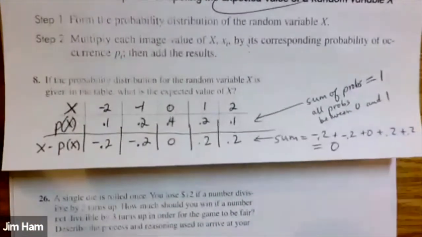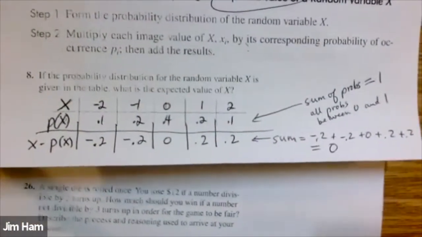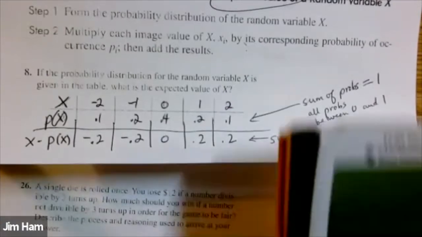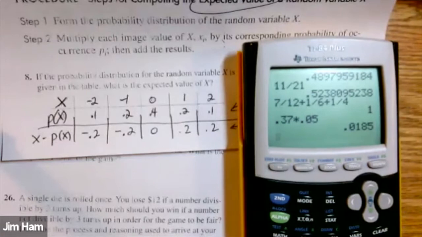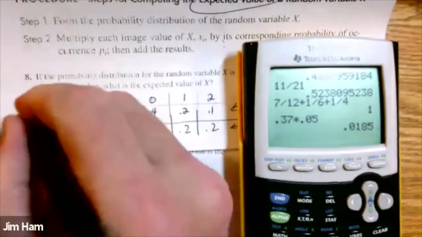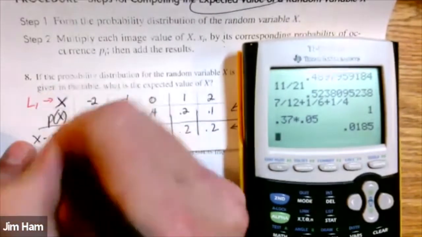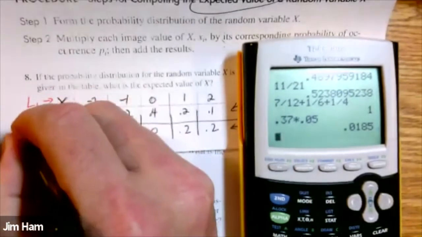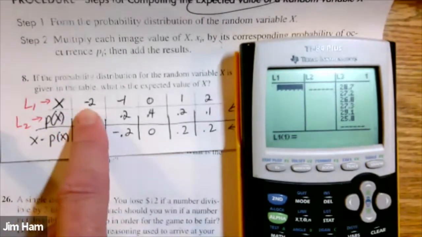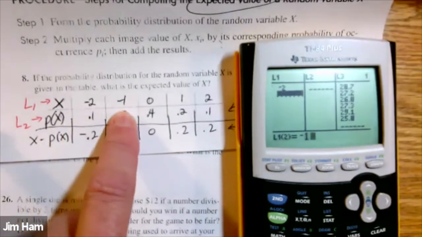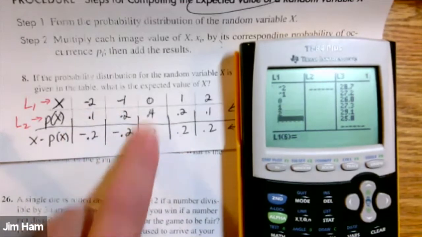All right, I want to show you how to do it on your calculator, just in case you get messy numbers and you don't want to do all these multiplications. What we're going to do is put all the numerical outcomes in list L1, and all the corresponding probabilities in list L2. So negative 2, negative 1, 0, 1, and 2.